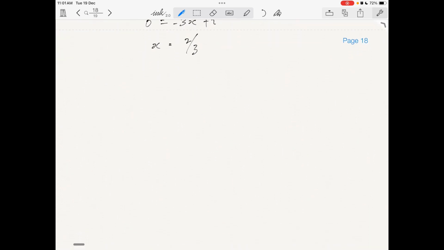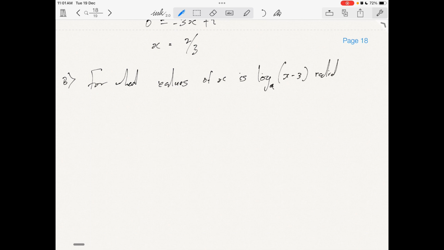Okay, so we have number 3. Now it says for what values of x is log to base a of x minus 3 valid.